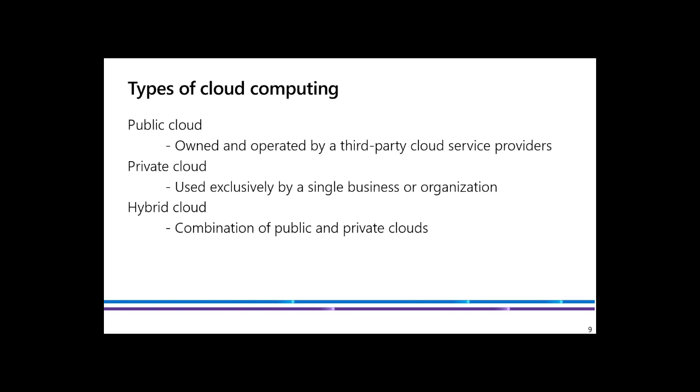Next is the hybrid cloud. Hybrid cloud combines the public and the private cloud. These two are bound together by technology that allows data and applications to be shared between them.